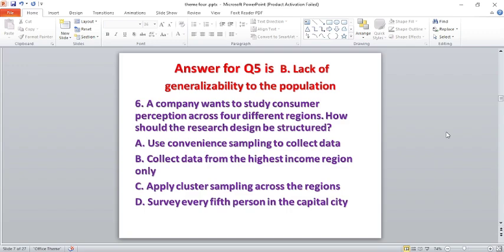B. Collect data from the highest income region only. C. Apply cluster sampling across the regions. D. Survey every 5th person in capital city. The answer for this question is C. Apply cluster sampling across the regions.